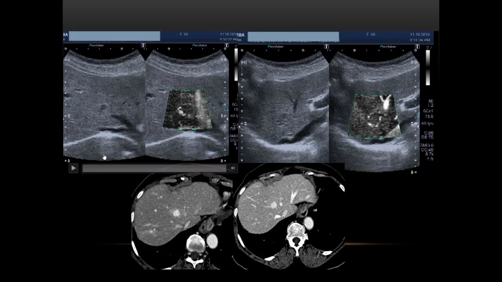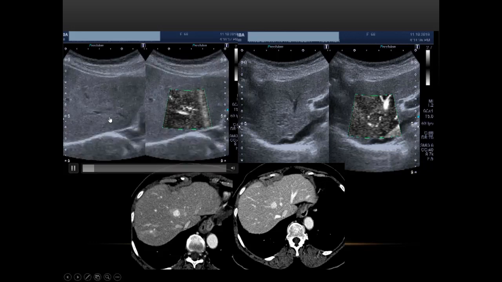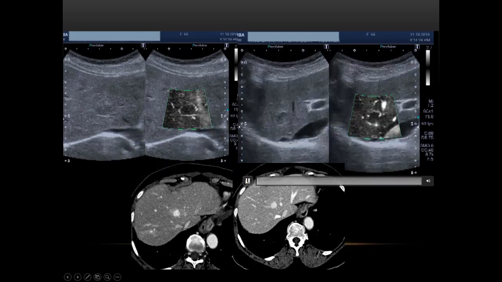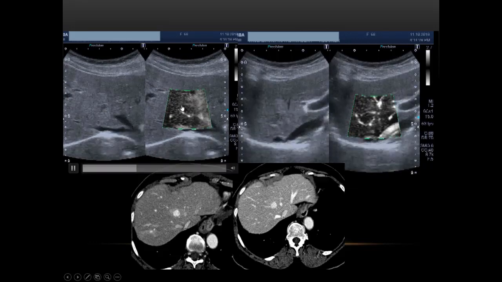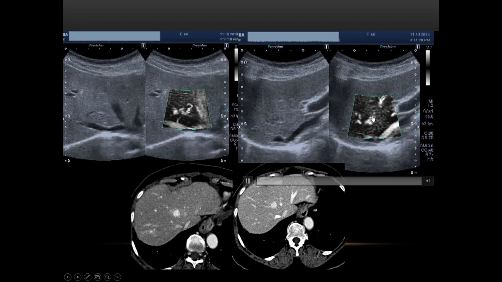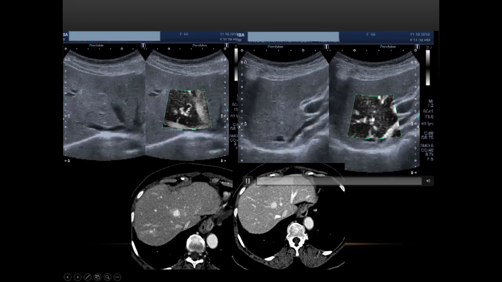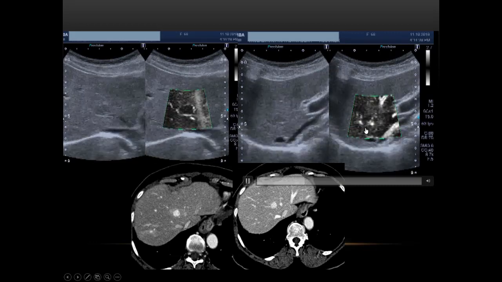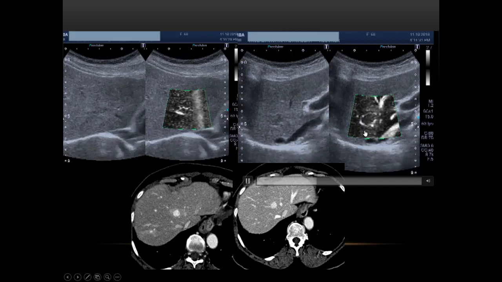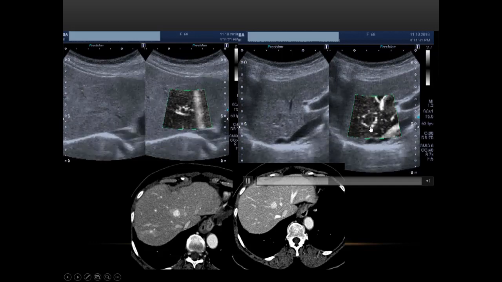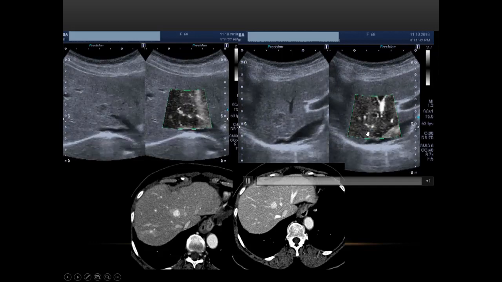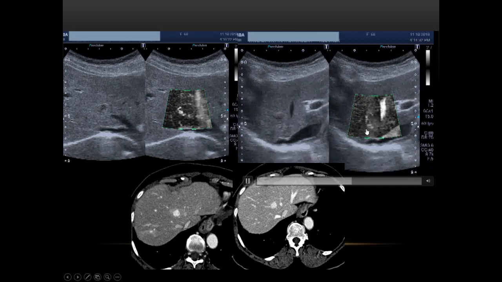A good example is hemangioma. This is a hypoechoic nodule on a background of fatty liver. If we see the pattern of rim vascularity with peripheral nodular enhancement like this on SMI, this is a typical pattern of hemangioma that has been reported in the publications.